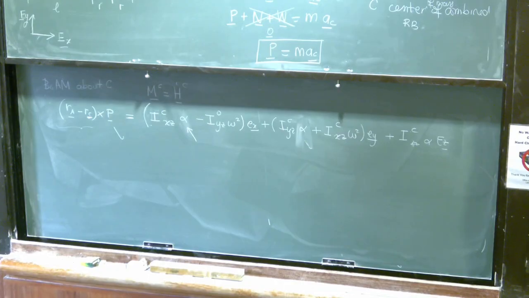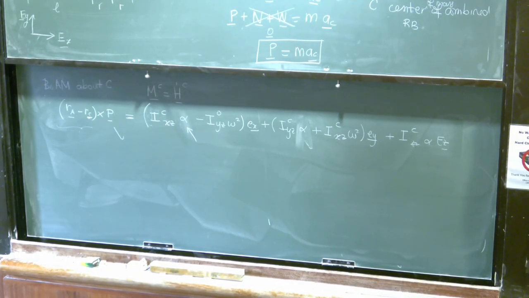It's the mass of the bar, which is m over 2, times the center of mass of the bar relative to A, which is L over 2 EX, plus the mass of the disk, which is m over 2, times the position vector of the disk relative to A, which is going to be L plus R over m over 2 plus m over 2, which is m. And that's also along EX.